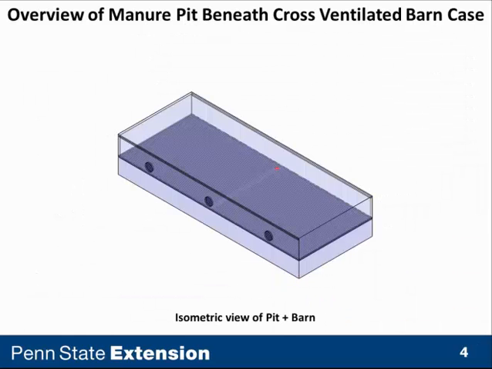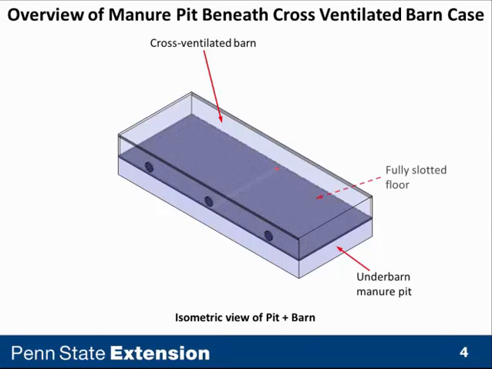So to review the situation we are talking about, this is a cross-ventilated barn above a slotted covered manure pit, full-size manure pit under the barn. You notice we have a fully slotted floor. The pit fan is located in the floor at the location shown at the center line.